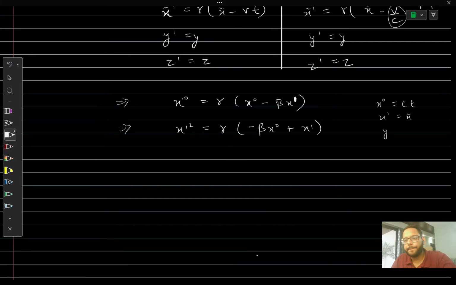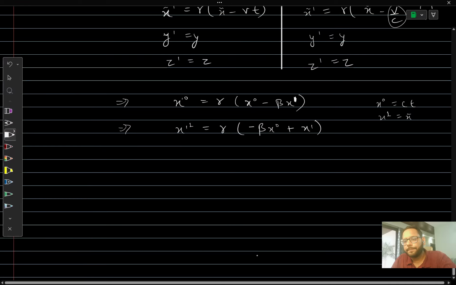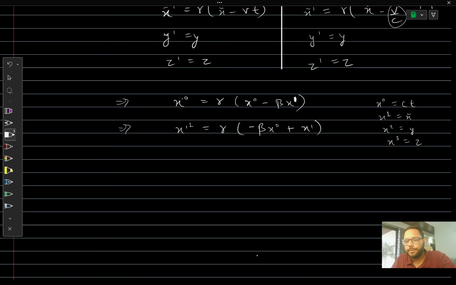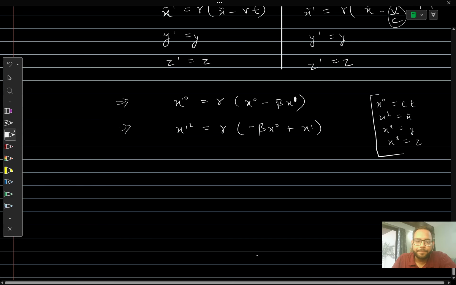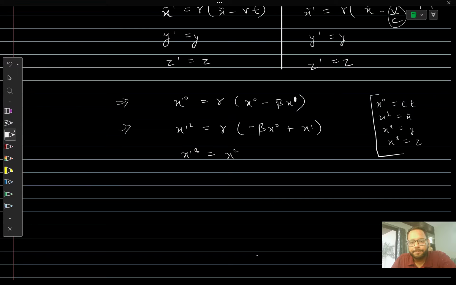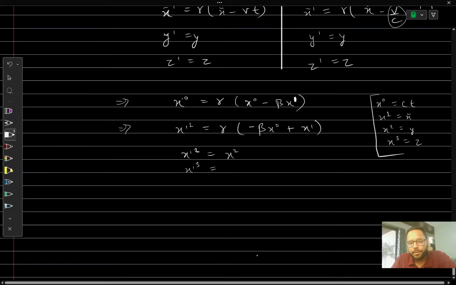This is x2 as the y coordinate, this is x3 as the z coordinate. The second coordinate is the same, the third coordinate is the same.